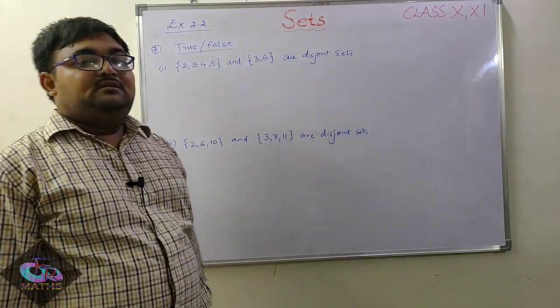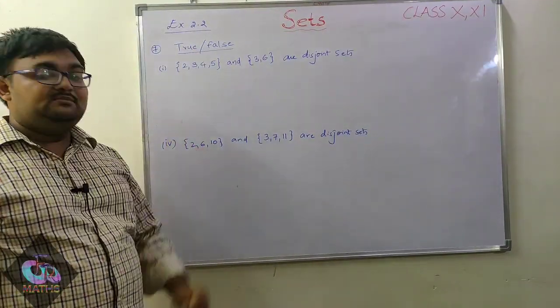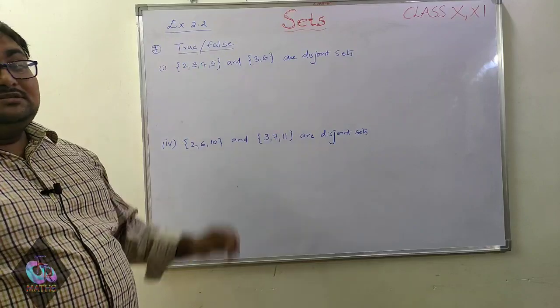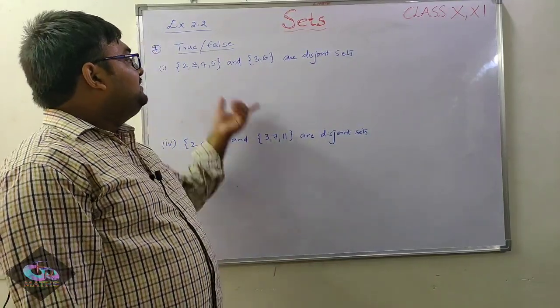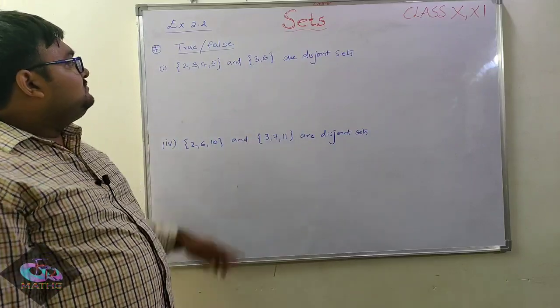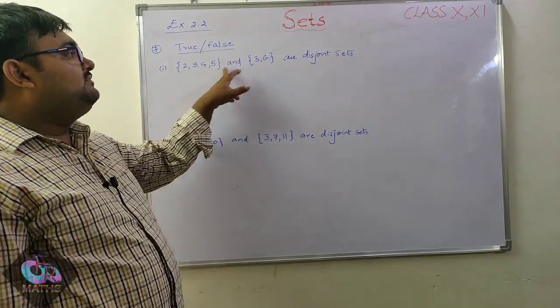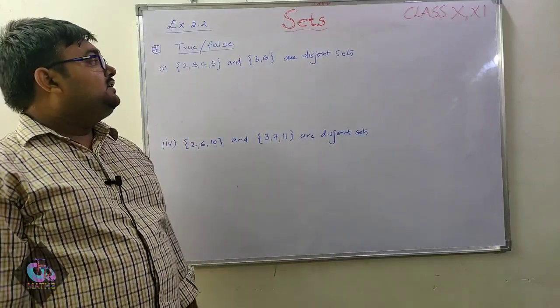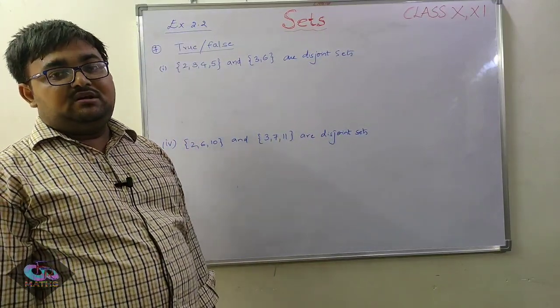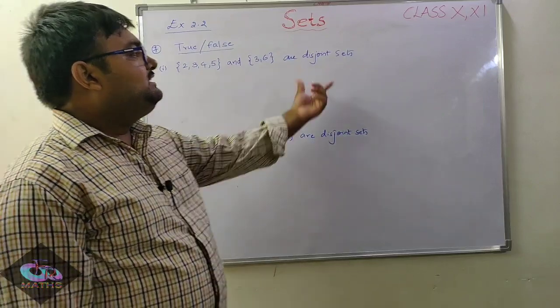Alright, the next question, question number 7. We need to say whether it is true or false and justify our answer. The first question: the set of 2, 3, 4, 5 and the set of 3, 6 are disjoint sets. What are disjoint sets?